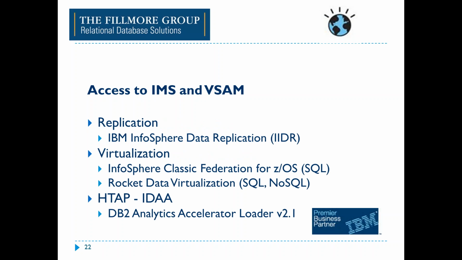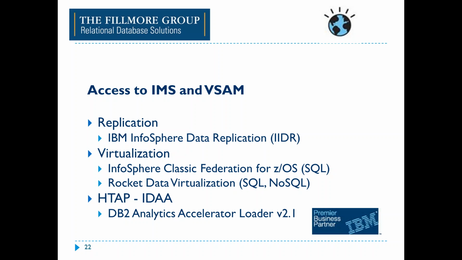Now, there are a series of methods for accessing the data that are common to both IMS and VSAM. One is replication. The product that instantiates replication is IBM InfoSphere Data Replication, or IIDR. And the second method that we're going to discuss here is virtualization, the ability to use either SQL or non-SQL access to a variety of different data sources.